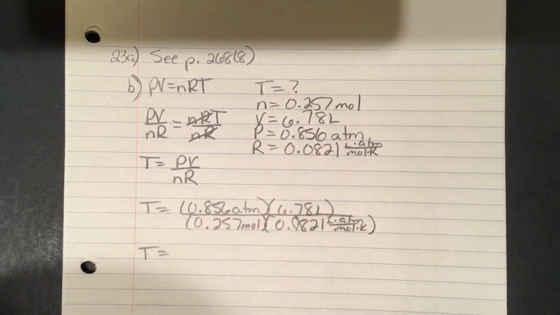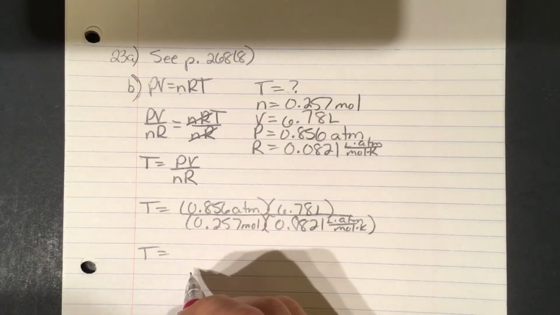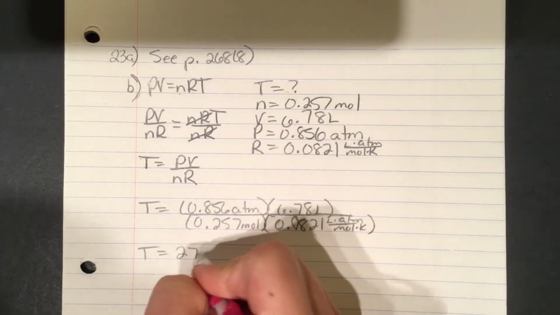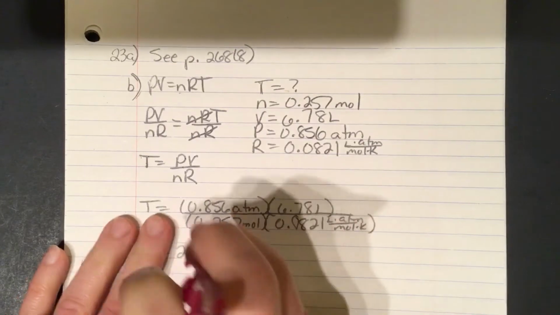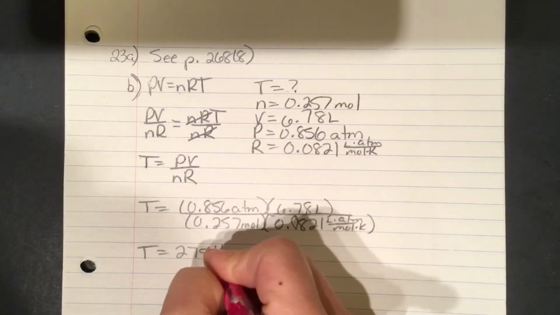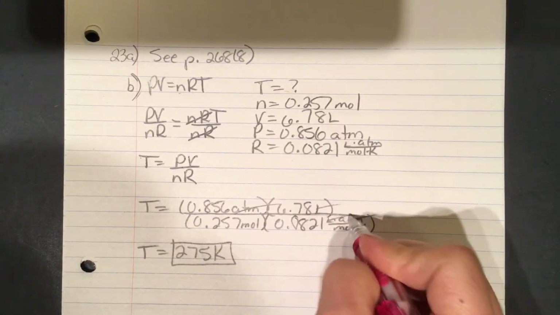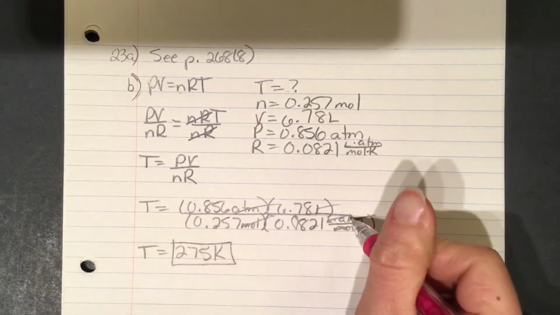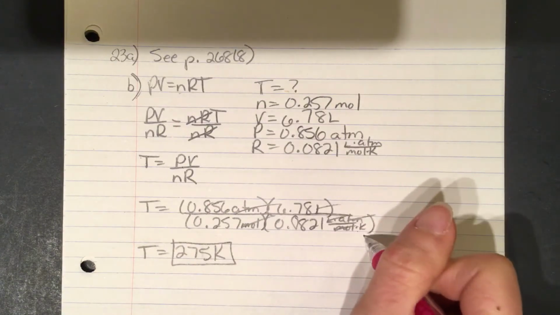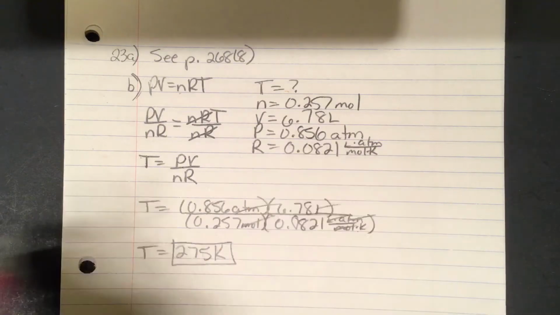So temperature, when I multiply the top numbers and divide those by the bottom numbers multiplied together, is 275 K. And I should have canceled out my units for you too to show me doing that, so I'll go back and do that. This ends up being 1 over K, so that's why the K goes to the top.